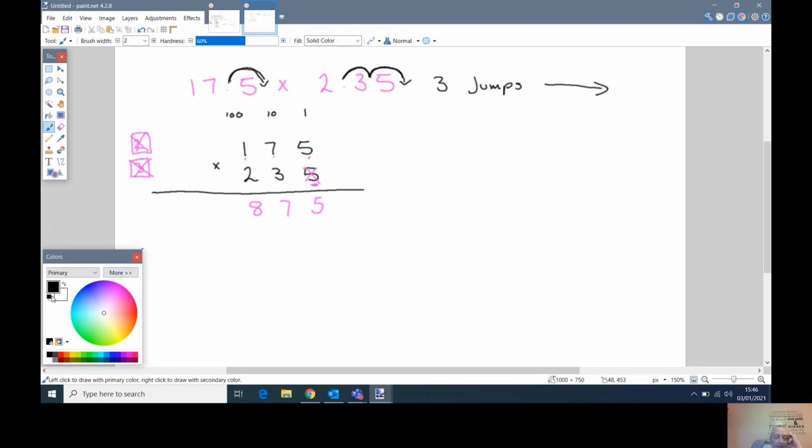All righty. Now I'm going to my 3. 3 is a 10, and it's got a 0, so put the 0 here. And then we can start as normal. 3, let me change my colour. 3 times 5 is 15. 3 times 7 is 21, plus my 1 is 22. 3 times 1 is 3, plus my 2 is 5.